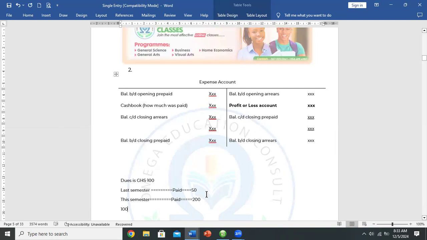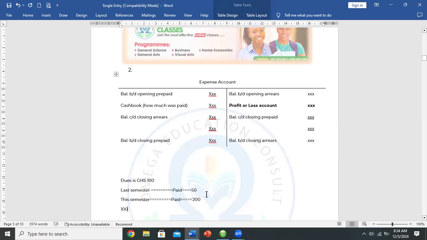So let me cite another scenario. From Cape Coast to Accra, your transport expense, let's assume, is 200 cedis, right? If you give the driver 250 cedis and I ask you, oh Ella, how much do you spend on transport from Cape Coast to Accra? Are you going to tell me 250 or 200? 200. Because yes, the 200 constitute the expenditure for traveling from Cape Coast to Accra, even though you have paid in extra, the extra is not an expense.